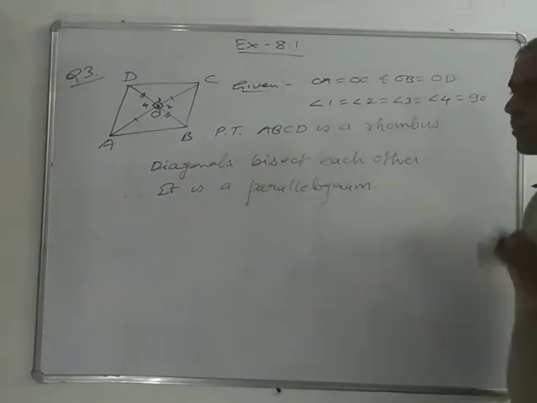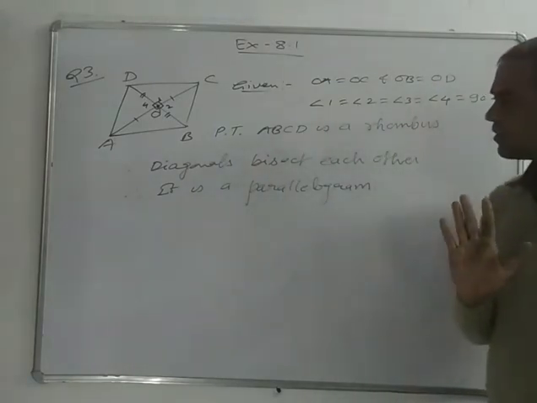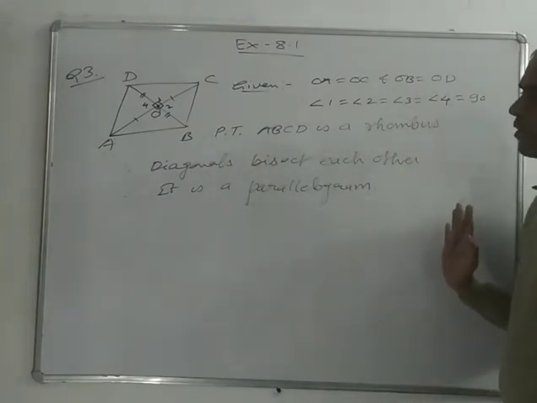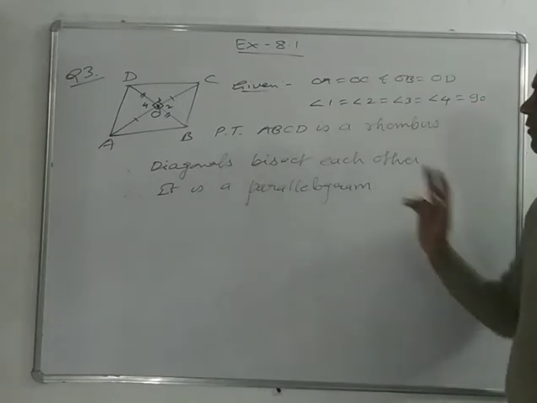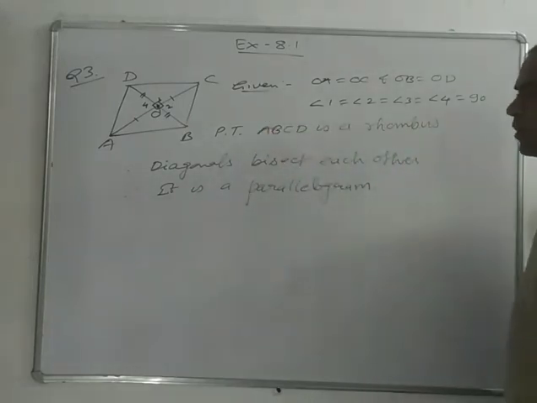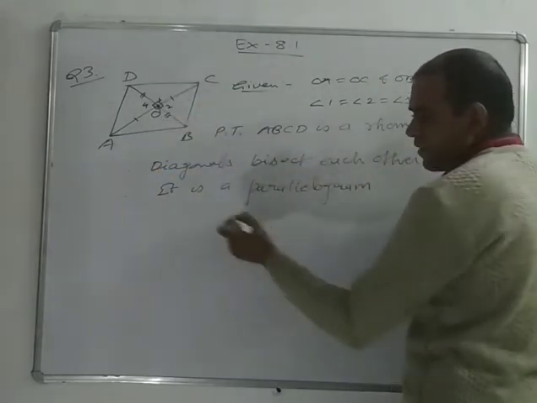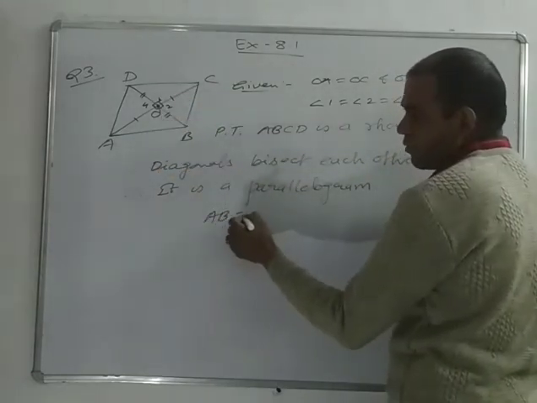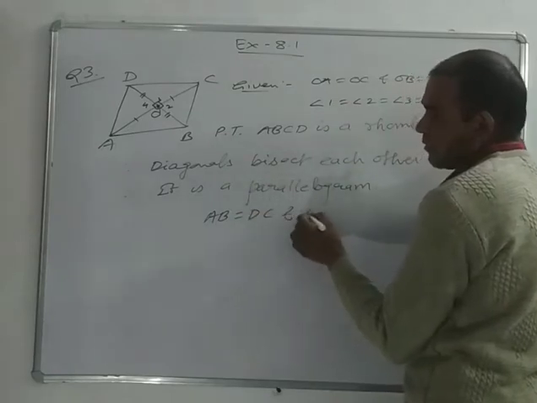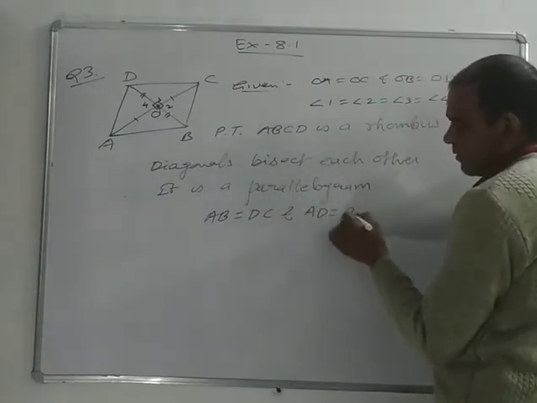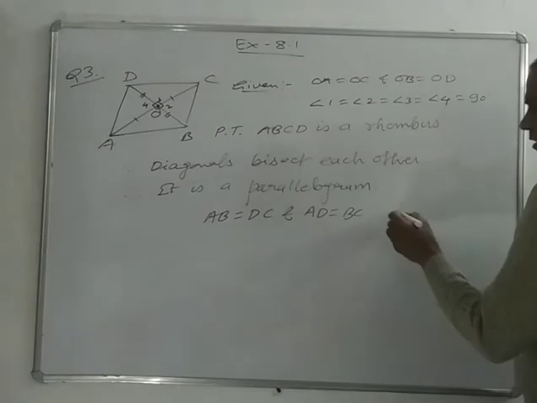It is a property of a parallelogram that the diagonals bisect each other, so it is a parallelogram. Again we are proving it is a rhombus. So ABCD is a parallelogram and opposite sides are parallel and equal. So AB equal to DC and AD equal to BC. Opposite sides are equal.